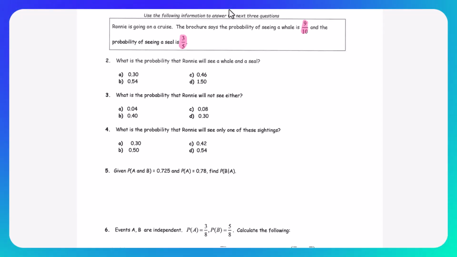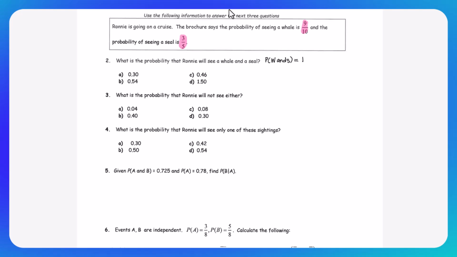So basically, we're looking for the probability of whale and seal. Well, we're going to think, is this a dependent or independent event? Well, it's independent. One does not change the other, so we think. So let's look at it.